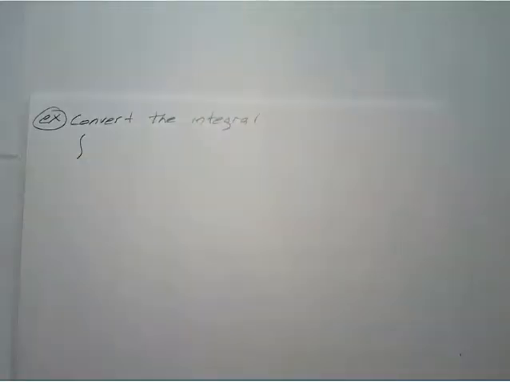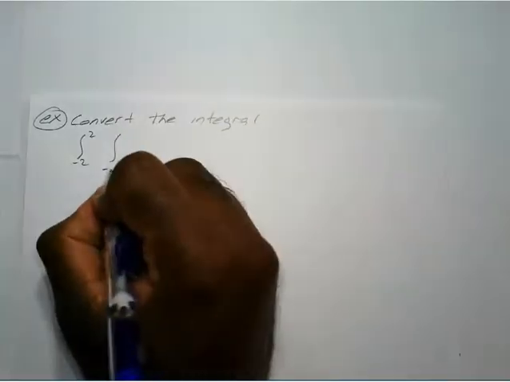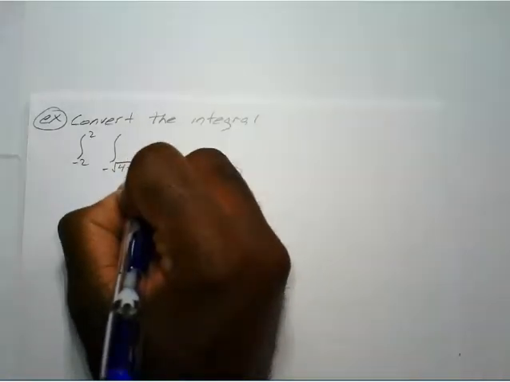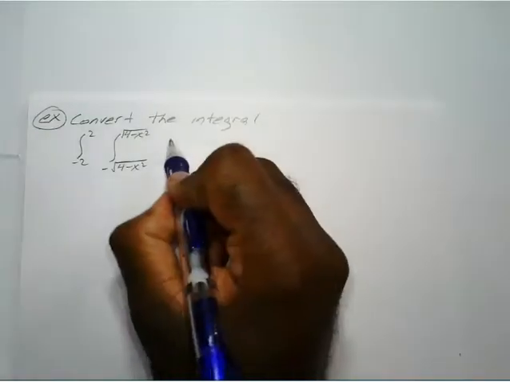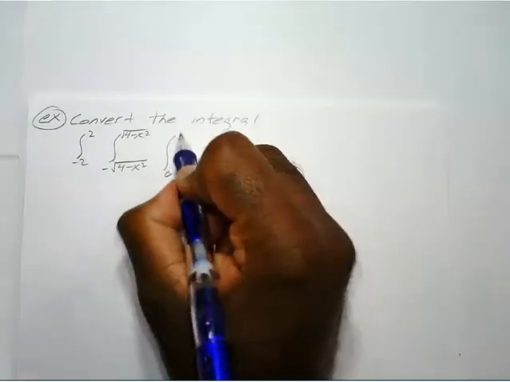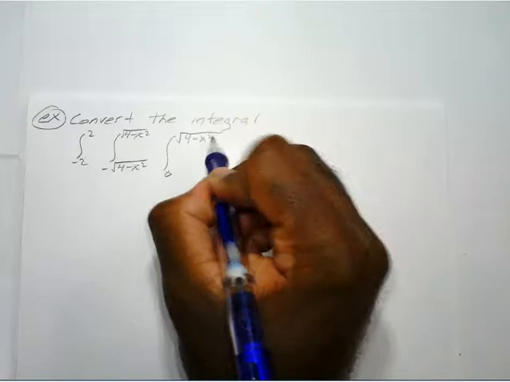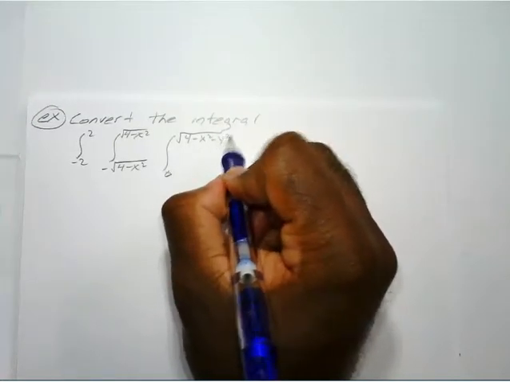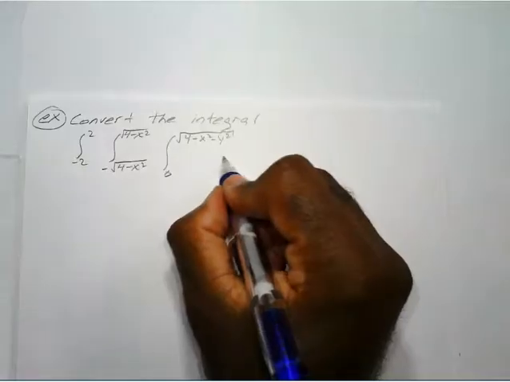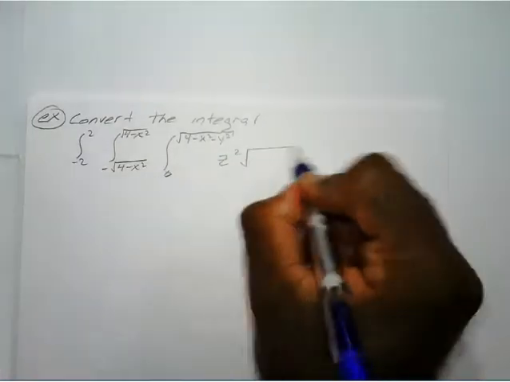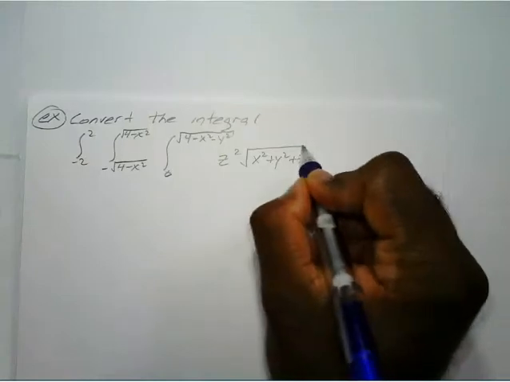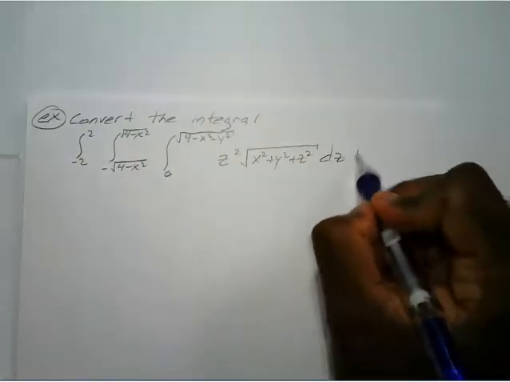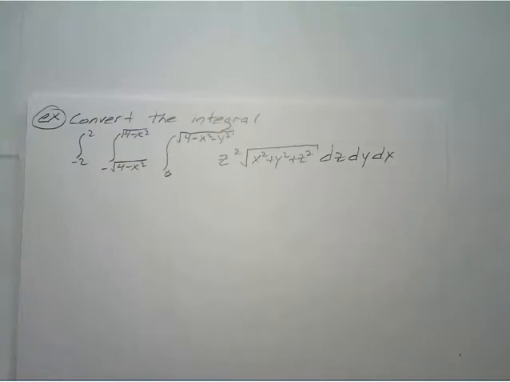Okay, so we have the integral from -2 to 2, negative square root of 4 minus x squared to the square root of 4 minus x squared, and from 0 to the square root 4 minus x squared minus y squared of the function z squared times the square root of x squared plus y squared plus z squared with respect to z, with respect to y, with respect to x.